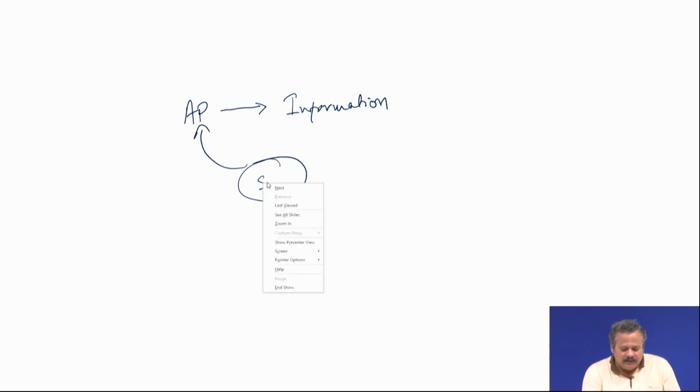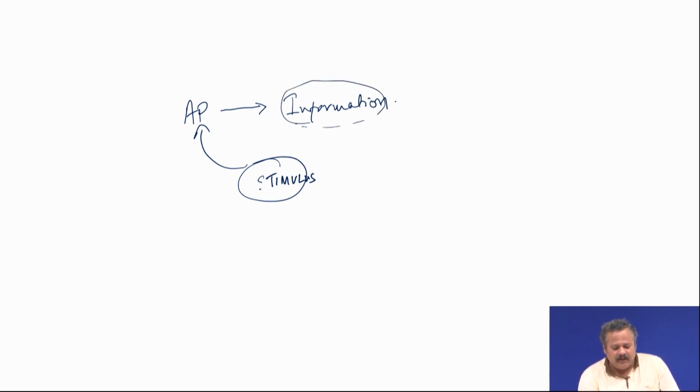It may be a stimulus or some thing in the external world that forms those action potentials in the entire network, in the pathway, and at every stage it forms some kind of information or some part of the stimulus's information is present in those action potentials that is carried forward, and finally we, through the population activity of neurons, we perceive that stimulus, and based on that we guide our motor system.